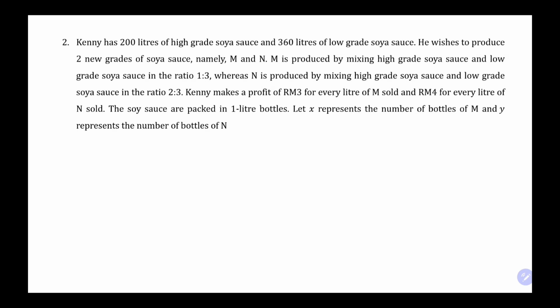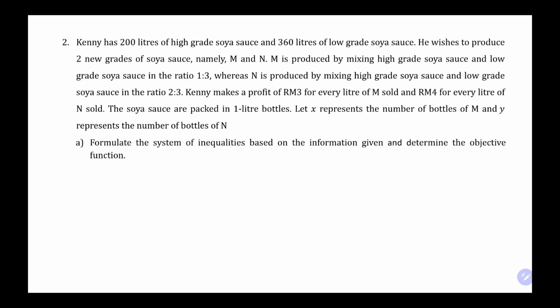Kenny makes a profit of RM3 for every liter of M sold and RM4 for every liter of N sold. The soya sauce are packed in 1 liter bottles. Let X represent the number of bottles of M and Y represent the number of bottles of N.